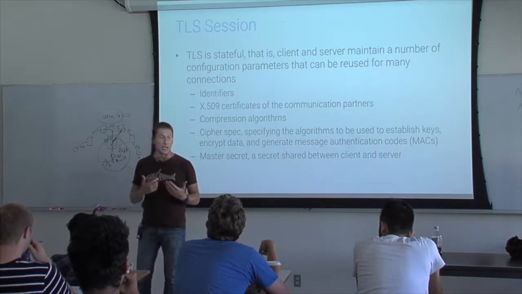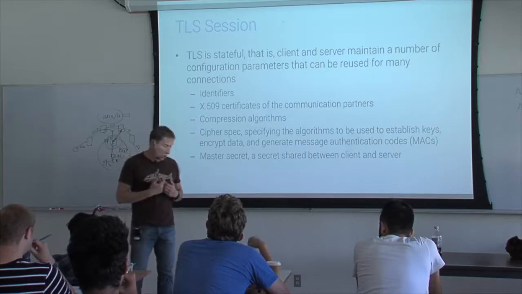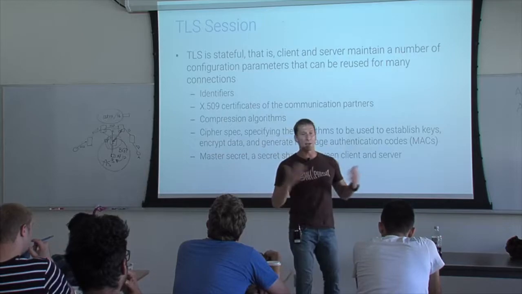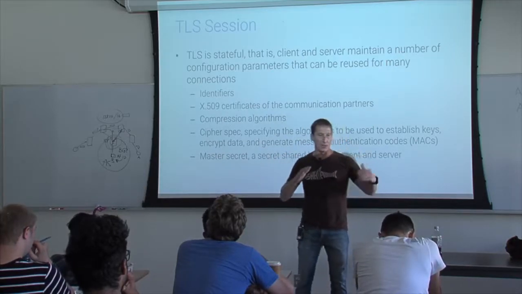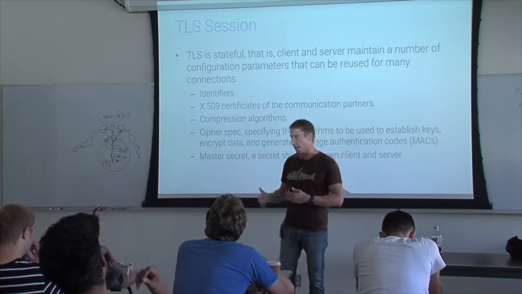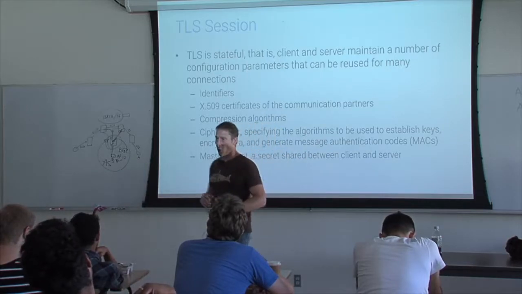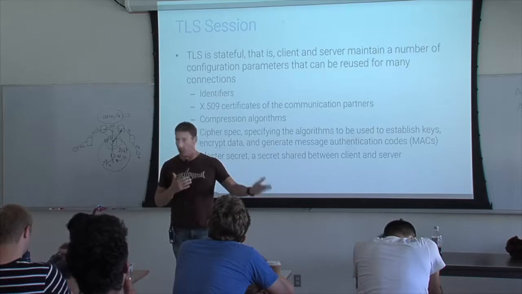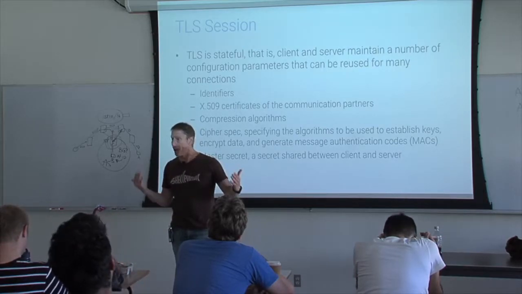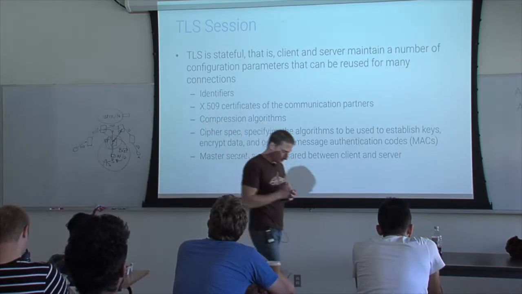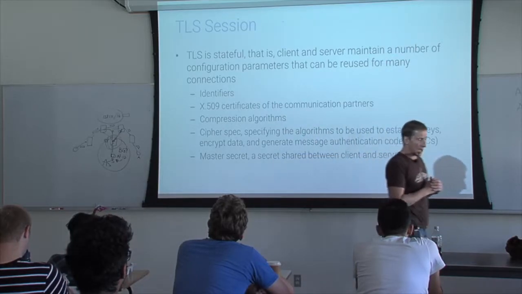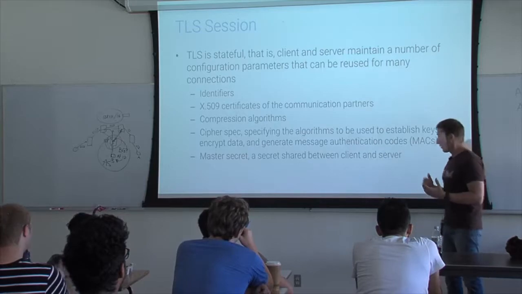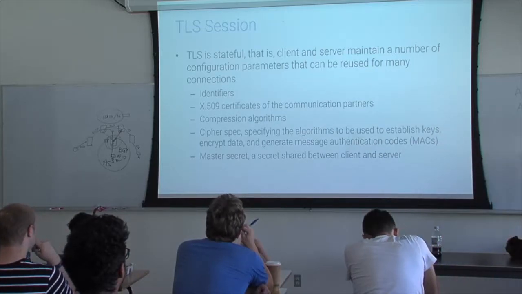So there is actually a little bit of back and forth, where one says, hey, I support RSA with this key size, AES, I don't want to use RC4, etc. And the other says, well, I also have RSA. That seems the strongest thing that we both have. And I also know how to do AES. That seems like a good idea. And so this will actually lead to an agreement.